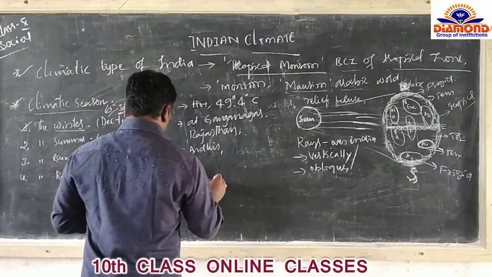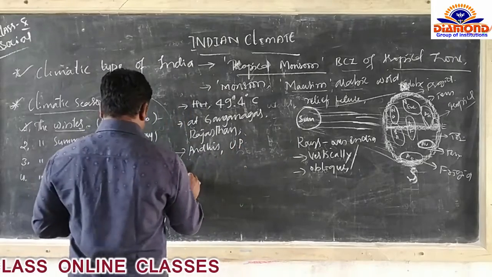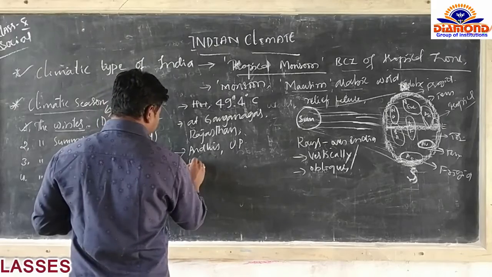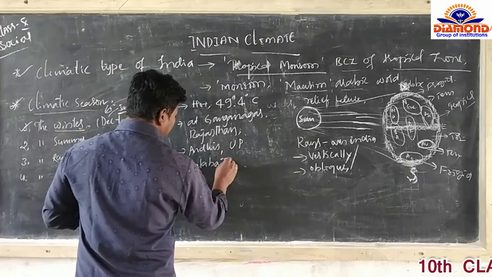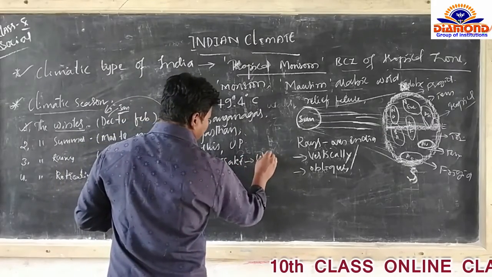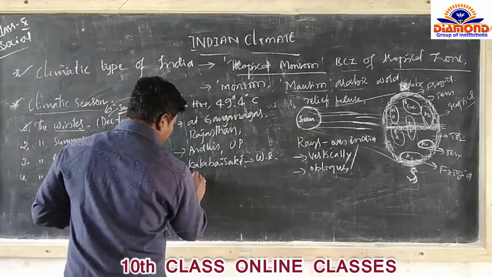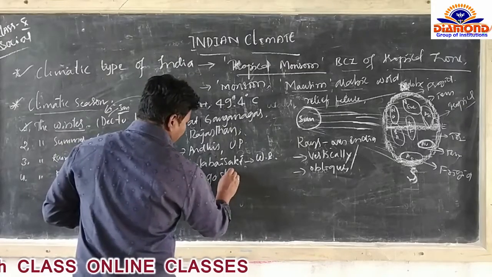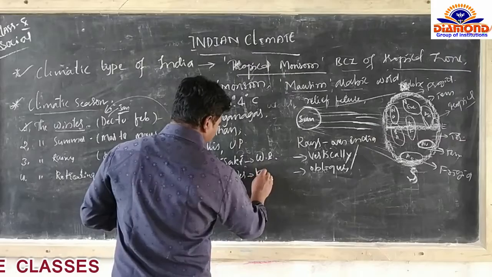They are called Andhis in Uttar Pradesh. The same convectional rain comes as Kal Baisakhi in West Bengal. Again there is one more, the mango showers, which come in Kerala.